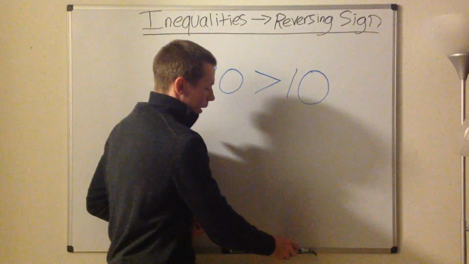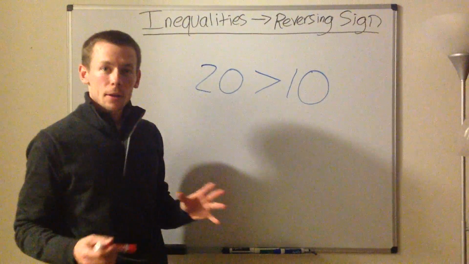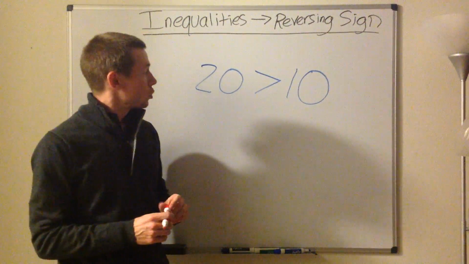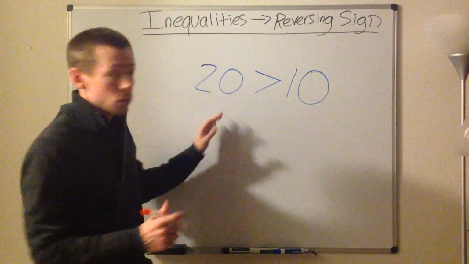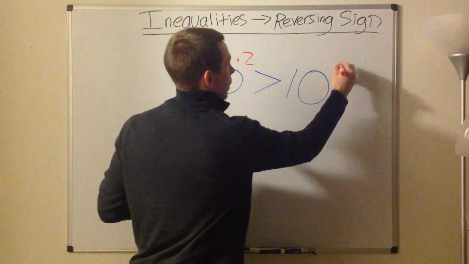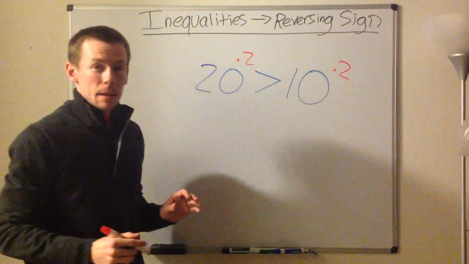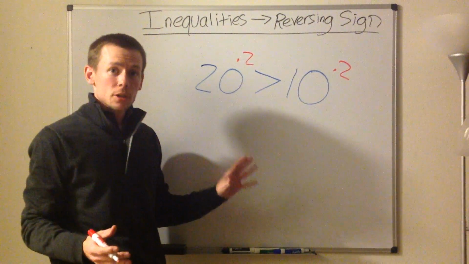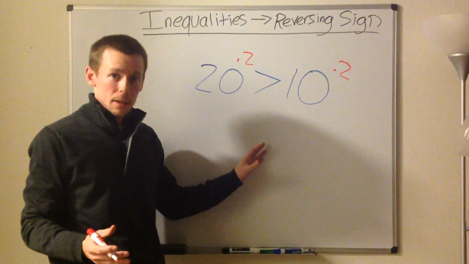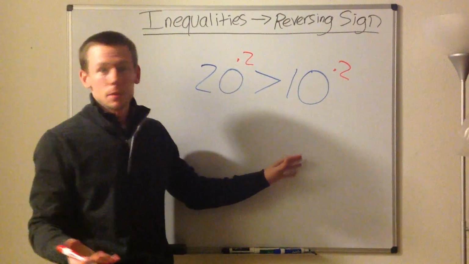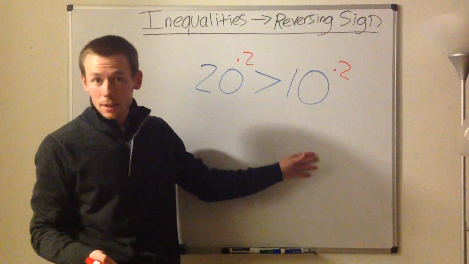And as we were working earlier with our algebraic equations, if I multiply 20 by 2, I would need to do the same thing on the other side to keep it consistent. Just like if you subtract 3 from one side, you got to subtract 3 from another. If you add 8, you got to add 8 to the other side.